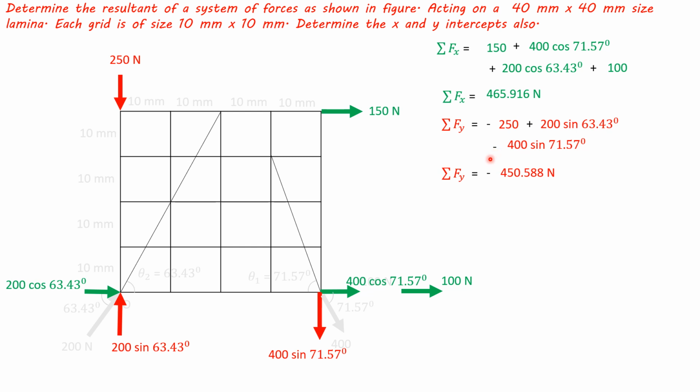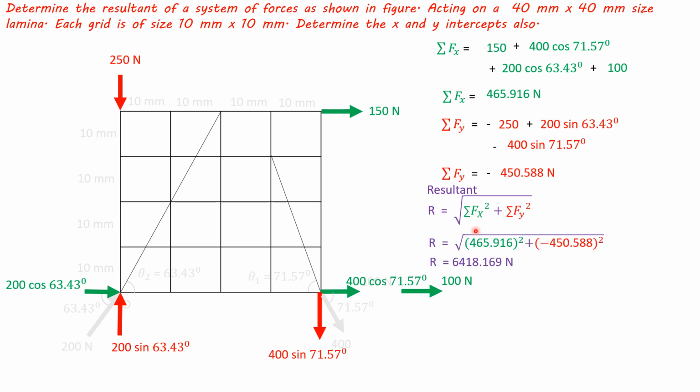Calculating all this, we get summation Fy value, and resultant is given by square root of summation Fx square plus summation Fy square, and R value we get this value.